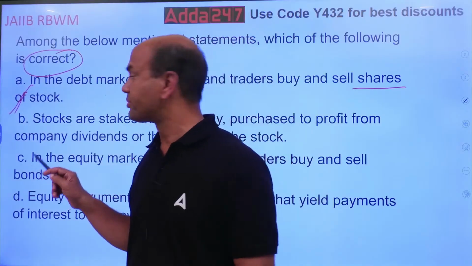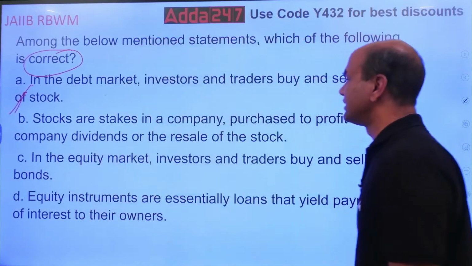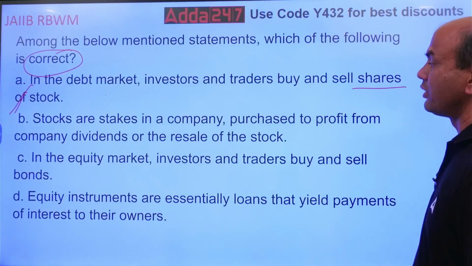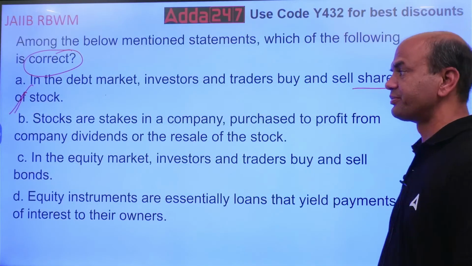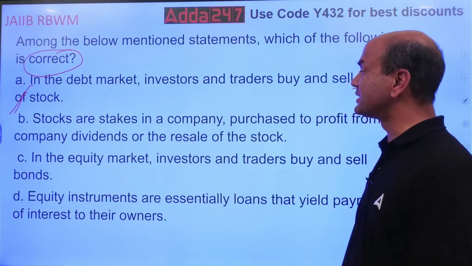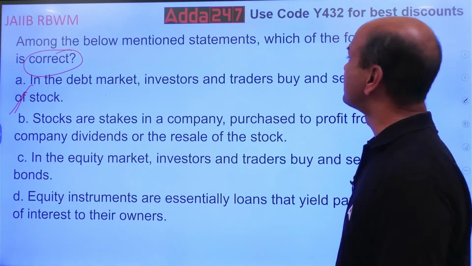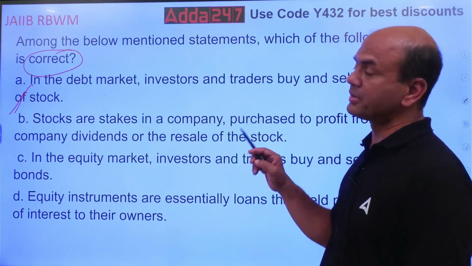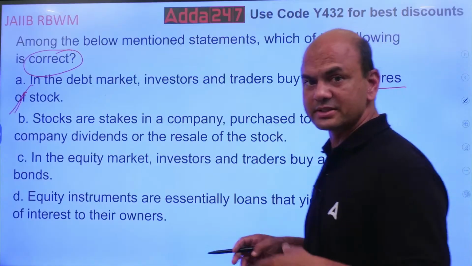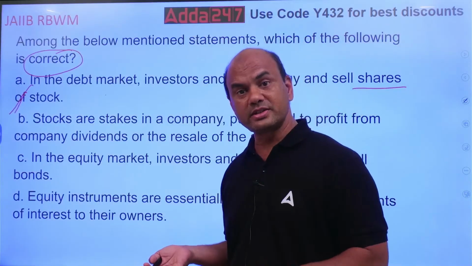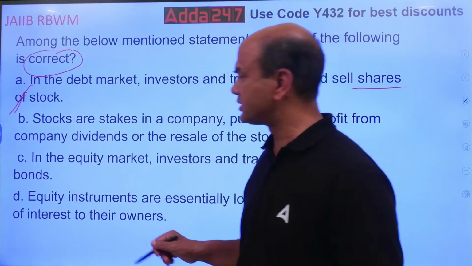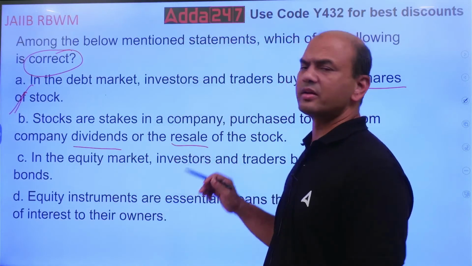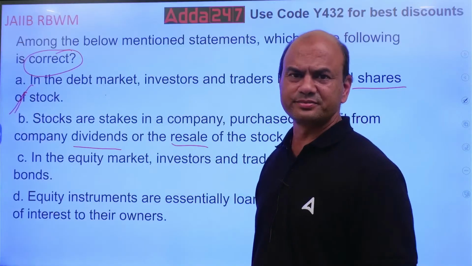Next. Stocks are stakes in the company purchased to profit from company dividends and or resale of the stock. Stocks are stakes in the company. Purchased to profit from the dividends means whenever I purchase stocks, I get dividends. Why do I purchase stocks? To get some dividends, or resale, which means whenever the price goes up, I'll sell it.